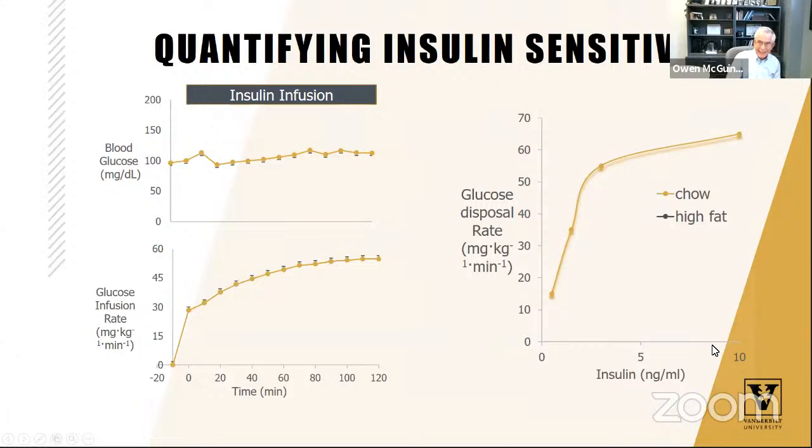In an insulin resistant or high fat fed state, the dynamic range of insulin is dramatically blunted. So your ability to get maximal glucose disposal is impaired. In addition, you have to have much higher insulins to get physiologic glucose disposal rate, which is the range that I'm highlighting here that we work in.